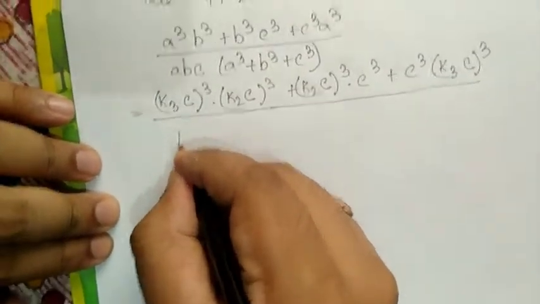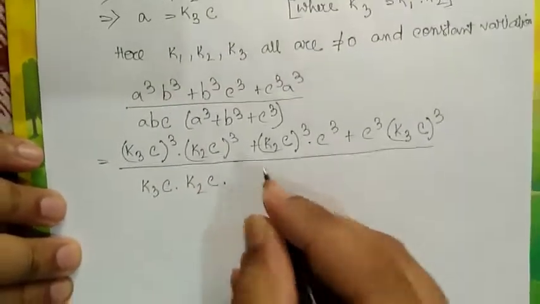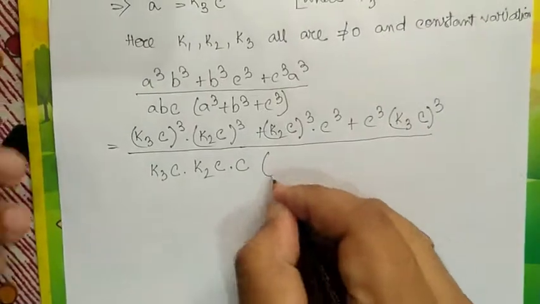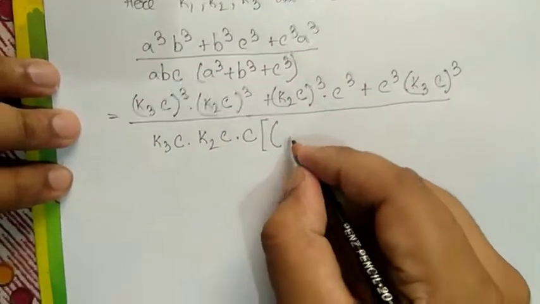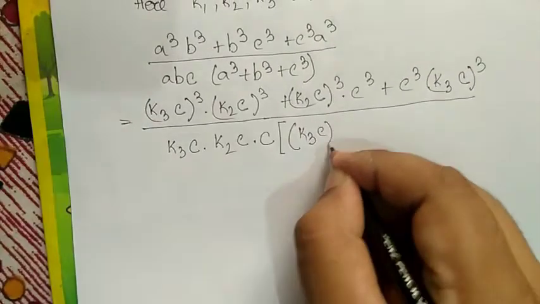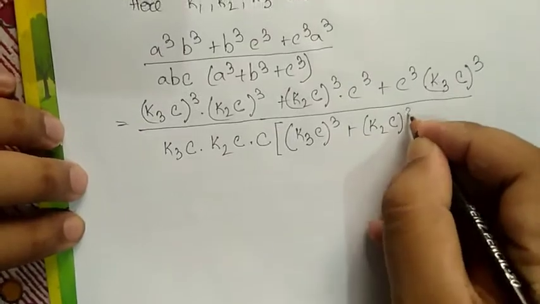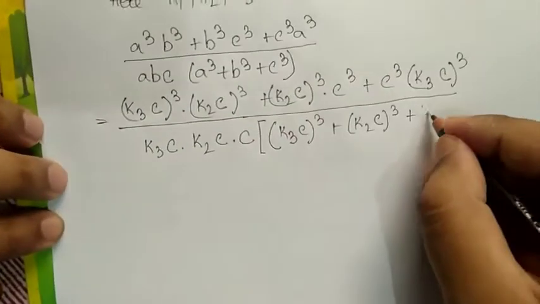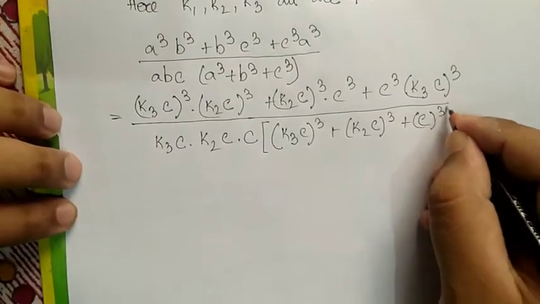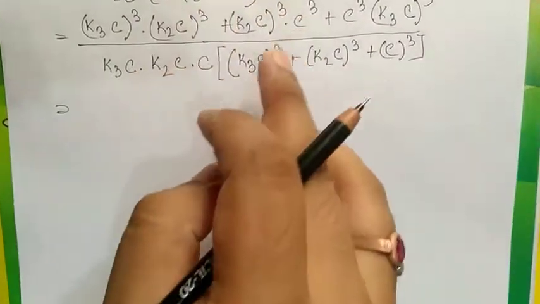The value of A is K3 C, B is K2 C and C is C. A cube plus B cube plus C cube means K3 C whole cube plus K2 C whole cube plus C whole cube. Just writing those values, after that we have to cube this and simplify.